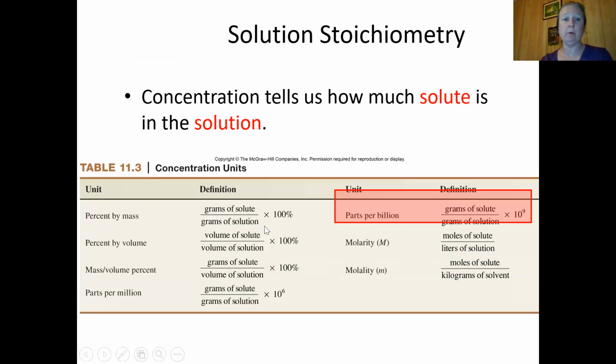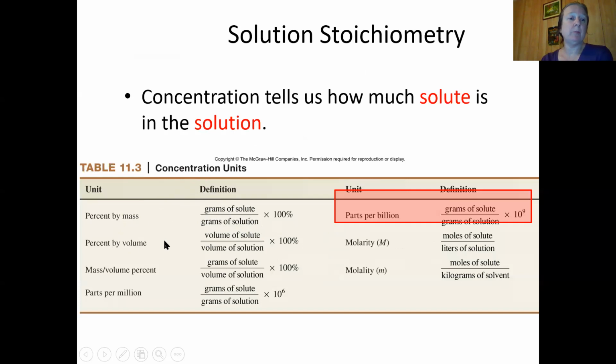Depending on what area you are using this in, there are specific reasons to use each. So we say something percent by mass. The amount of solute is in grams, and the amount of solution is in grams.